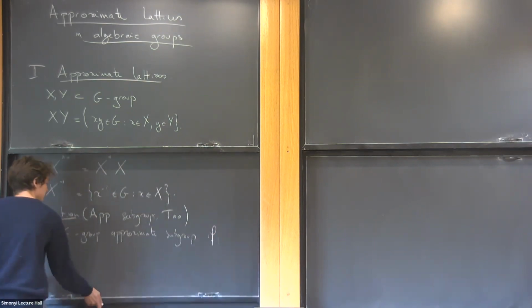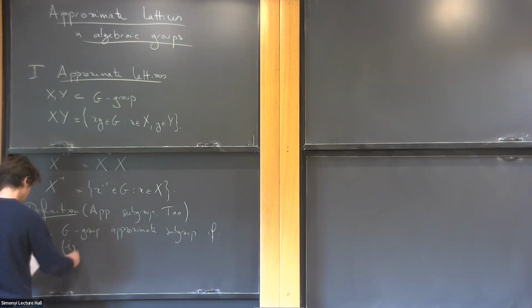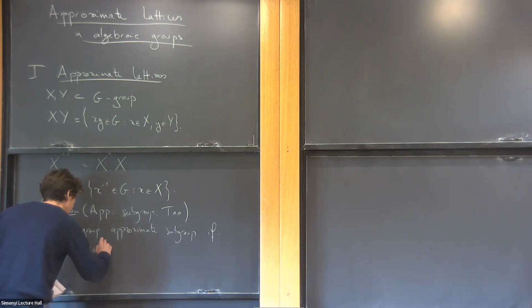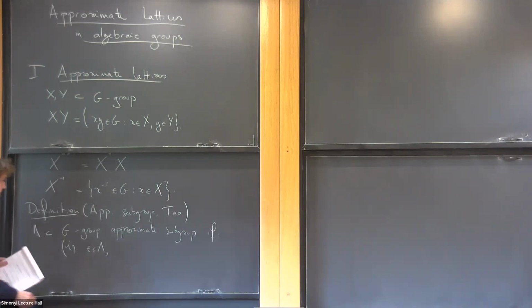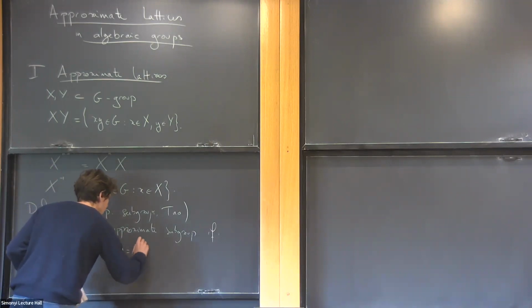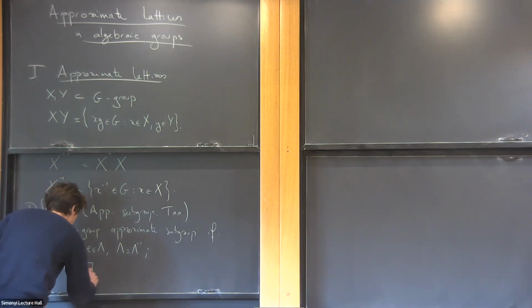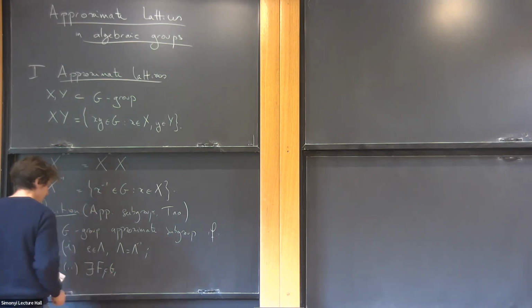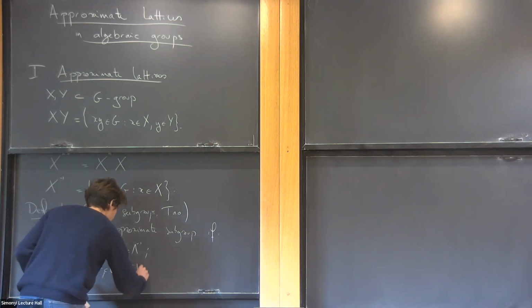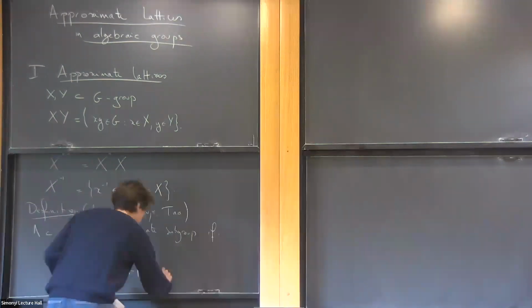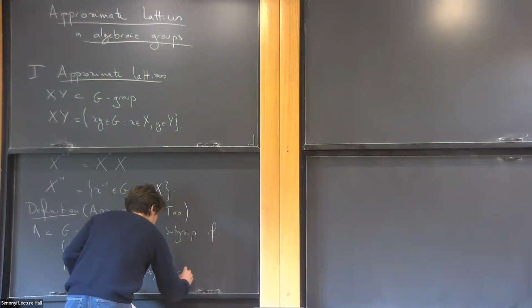The first thing is you want some sort of symmetry. It's not only a convenience assumption, it's sometimes quite essential. So you want basic symmetry. And the second thing is that you have a finite subset F of G such that lambda squared is contained in lambda times F.